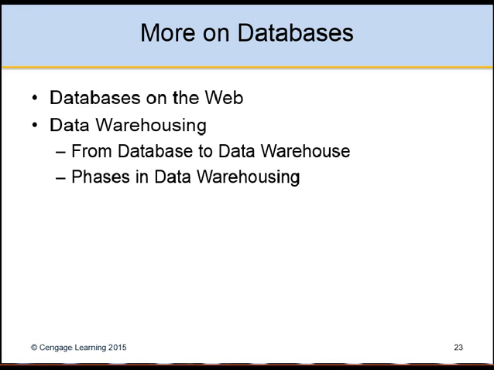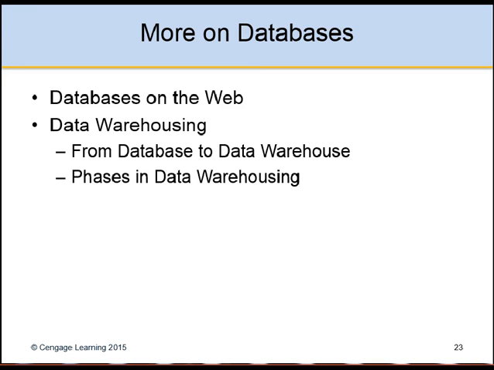There are three phases in setting up data warehousing, and they go by the acronym ETL. These are the phases in transferring data from a transactional database to a data warehouse. The extraction phase creates files from a transactional database and saves them on the data warehouse server.